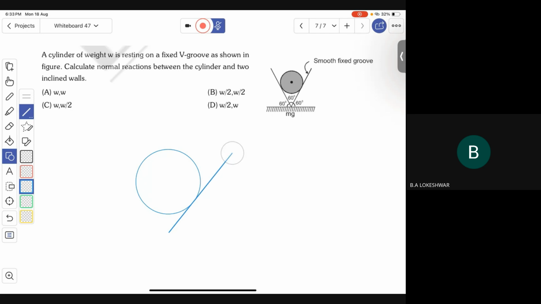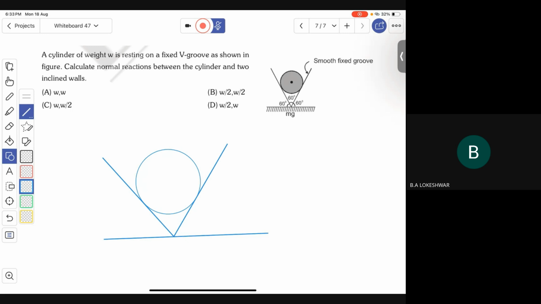So I'm drawing that figure, the one that is drawn already. The forces acting on that sphere are the normal contact forces from the points where it is in contact with those two surfaces, and gravity.